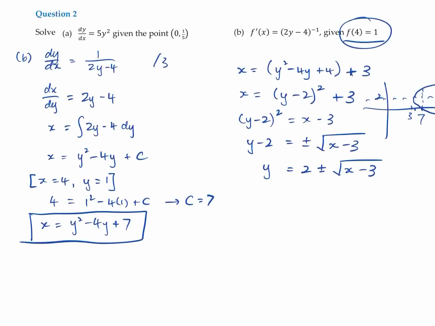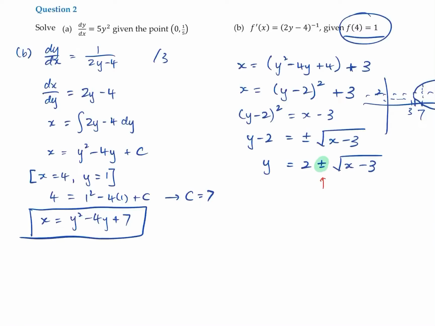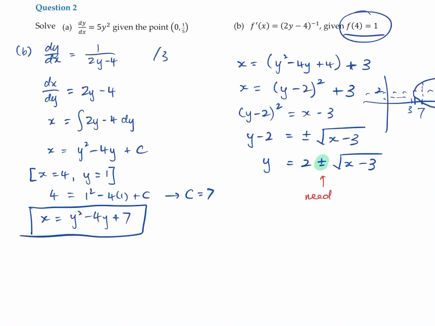So f of 4 equals 1 means that we take the negative part. Right? So if we look at this, according to the textbook where this comes from, we need the negative, 2 minus square root x minus 3, because of the point 4 comma 1.